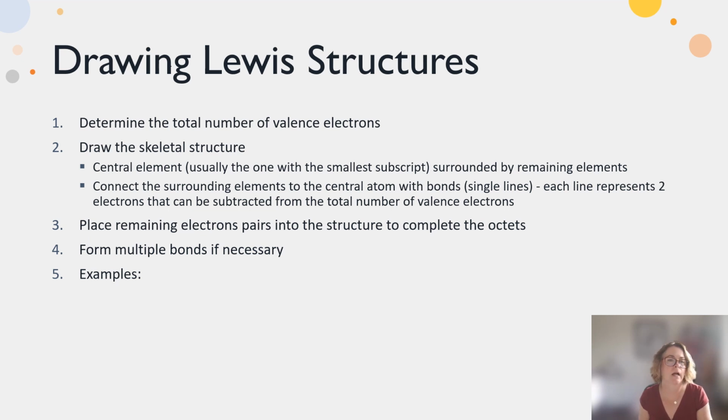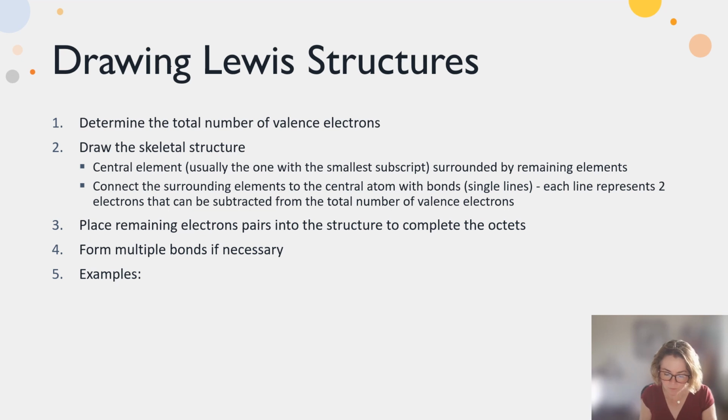I highly recommend that you follow these guidelines. Do a bunch of practice with these. I find more people make mistakes by trying to jump ahead, like they think, I know exactly what this structural formula looks like, so I'm just going to go ahead and write it out. It really is helpful to follow these guidelines. You're less likely to make mistakes.